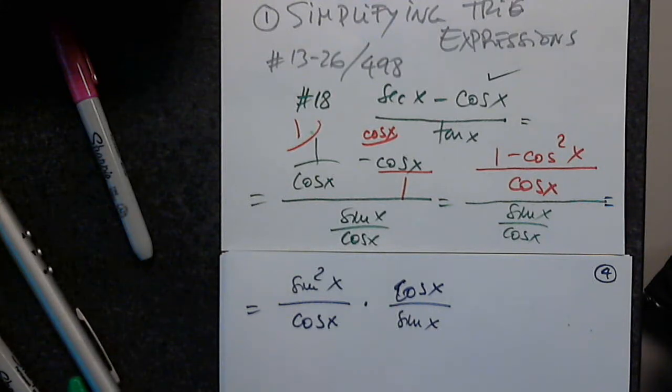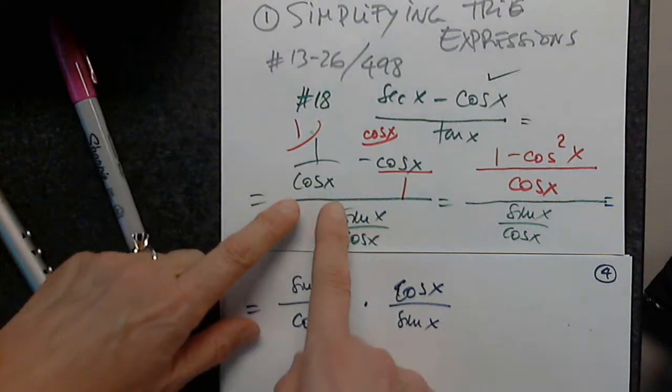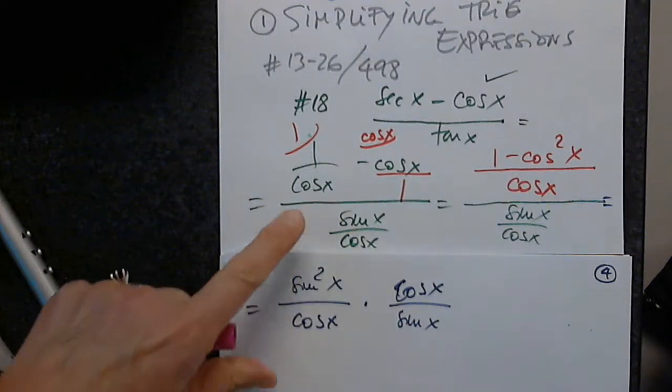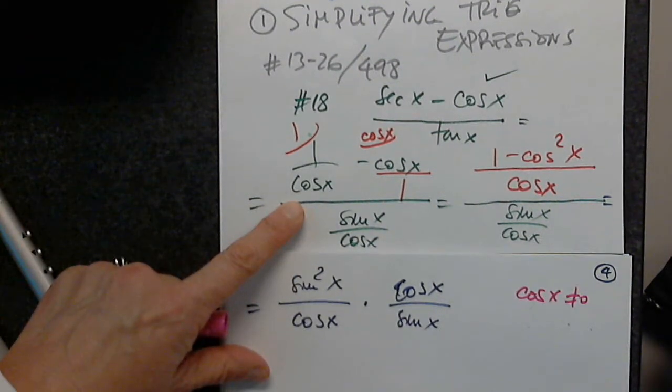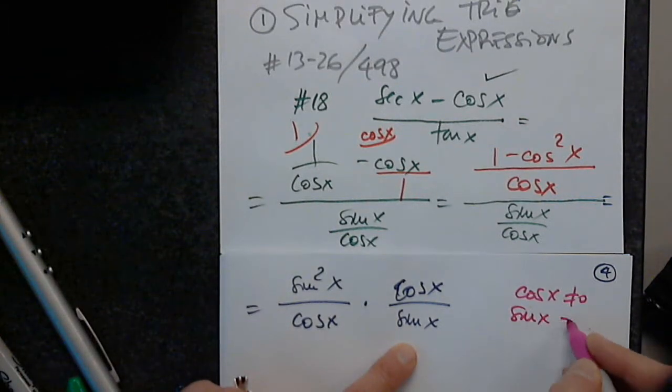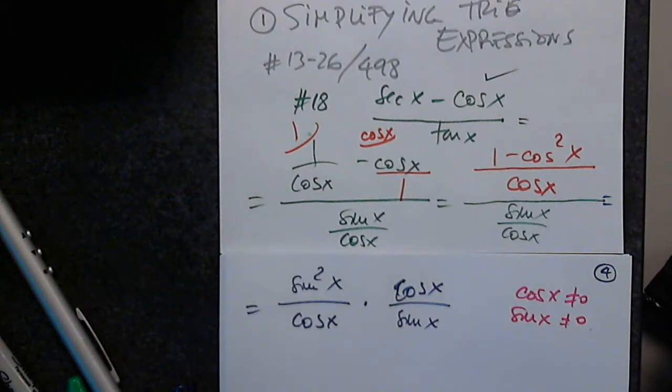Now remember, I always say you have to state restrictions. Here, I should have written from the very beginning that cosine x is not 0. And of course sine x is not 0, right? Because if one or the other is 0, the whole thing collapses. I don't even have an expression.